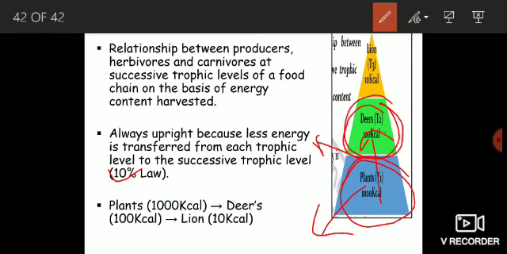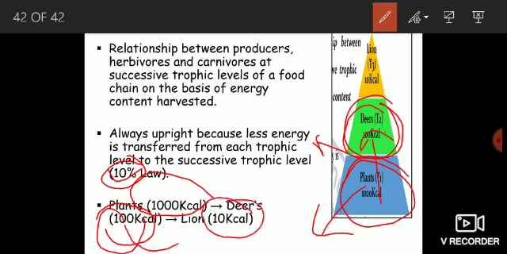For example, you are having plants and they contain 1000 kilocalories of energy. The deers will get 10% of that. According to Lindeman's 10% law, it will be 100 kilocalories, and out of these 100 kilocalories, the lioness will get 10%, and this will be 10 kilocalories.